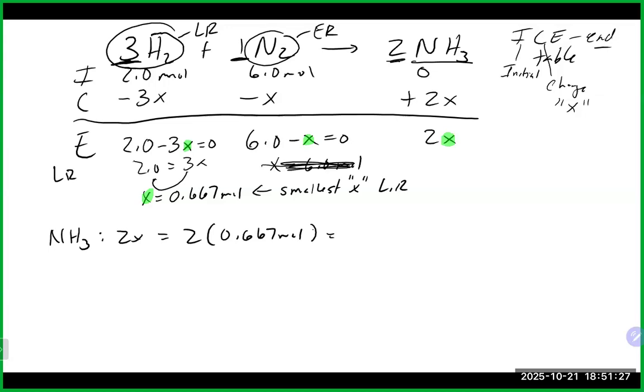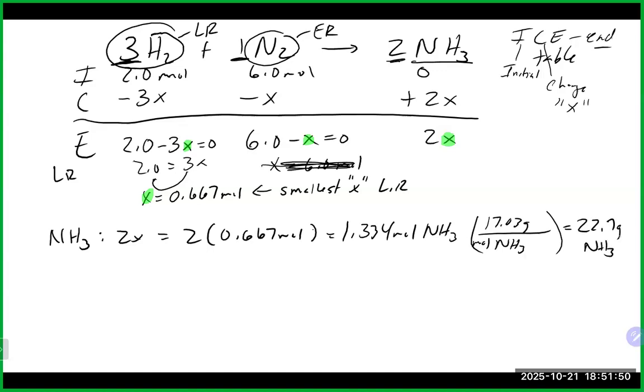So 2 times 0.667, 1.334 moles of NH3, a little molar mass of NH3 like we did before, if we want grams. And now I very quickly sort of figured out my 22.7 grams of NH3.